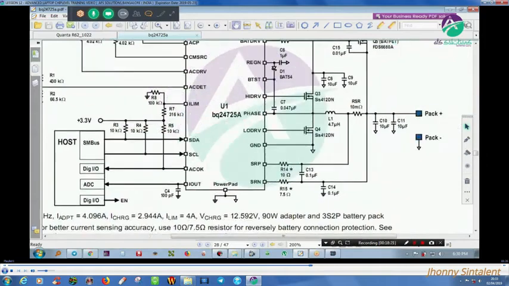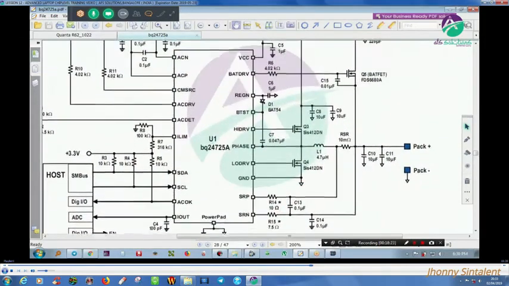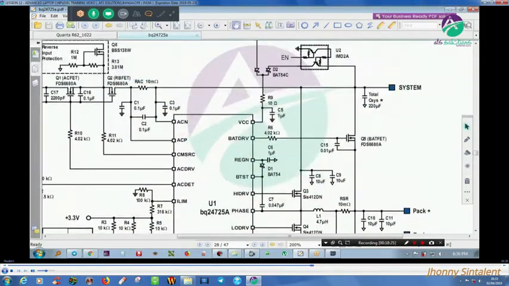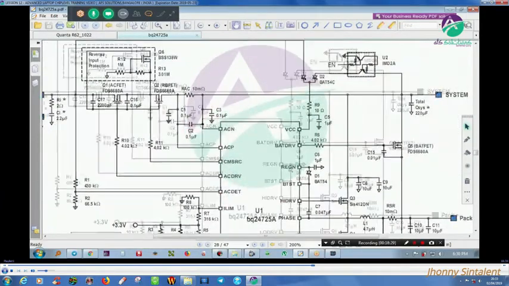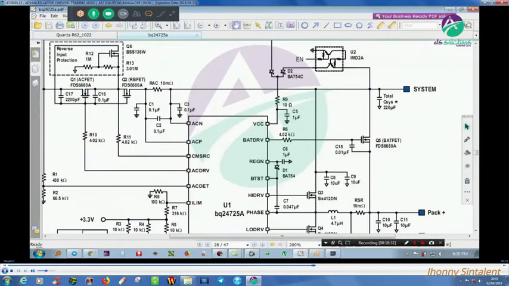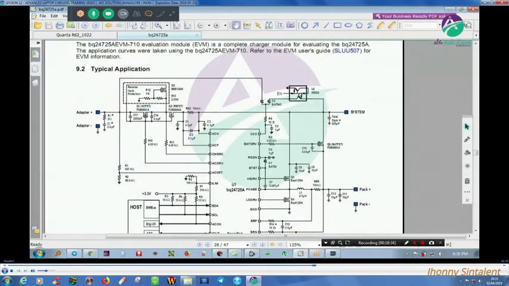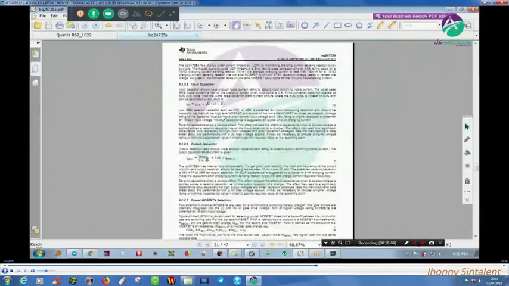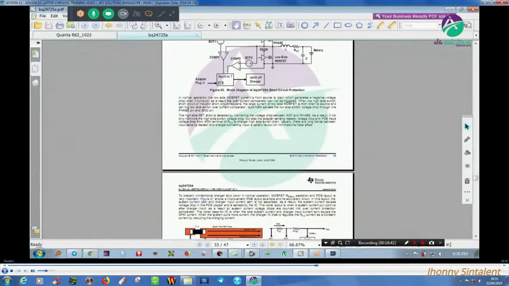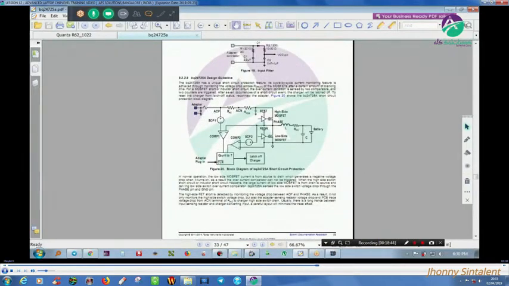I told you about I2C. Let me come a little bit clearly. Battery drive here, VCC, V in capacitor, battery drive. I need an adapter confirmation. Where is the adapter confirmation? Battery adapter.